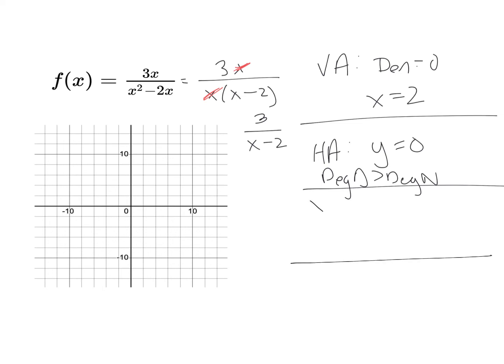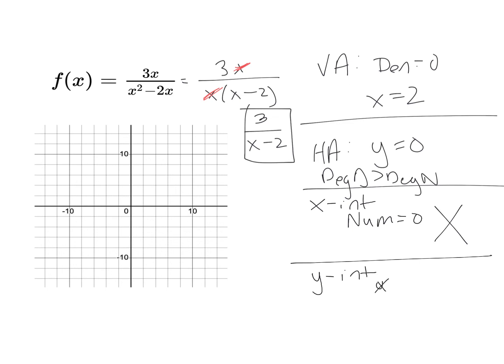Now we're going to use a chart at some point, but we can also find x and y intercepts. X-intercepts are going to occur whenever my numerator is 0. But if I actually look at my reduced expression here, my numerator is a constant, so there are no x-intercepts here. And to get your y-intercept, that just means that we plug 0 in for x.